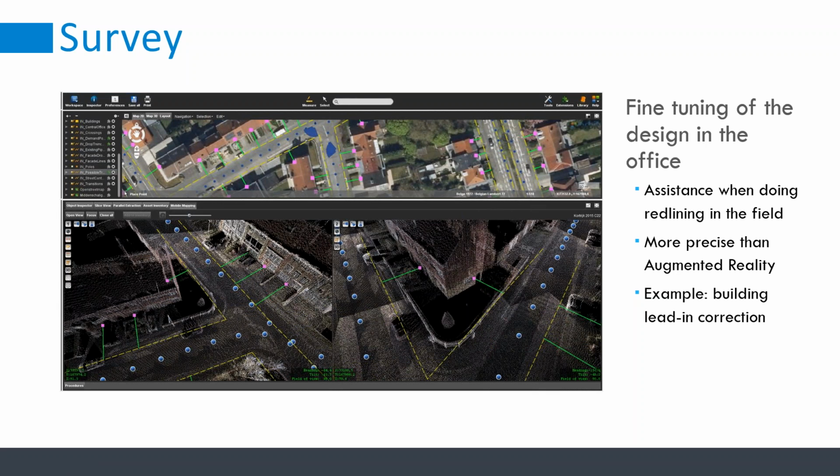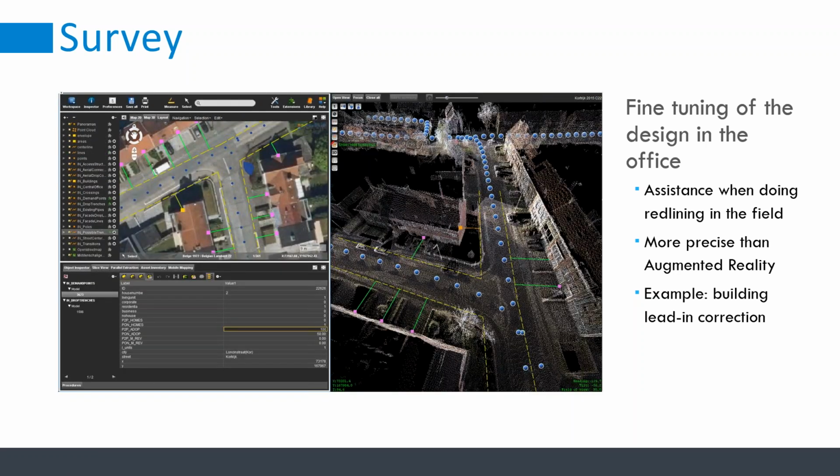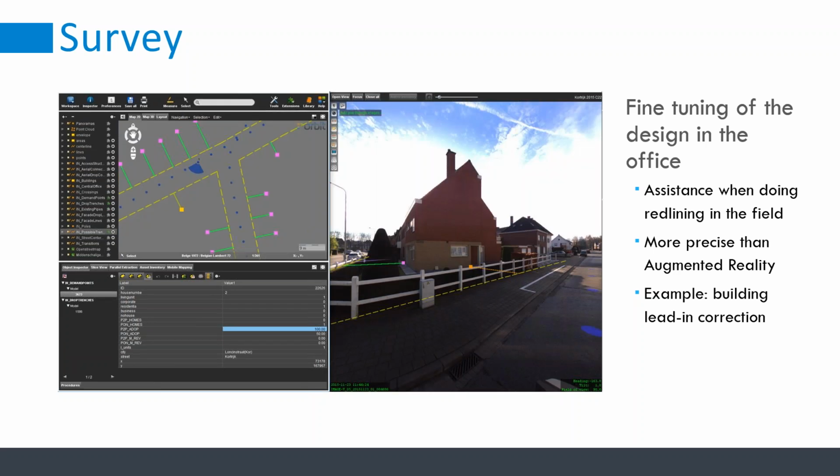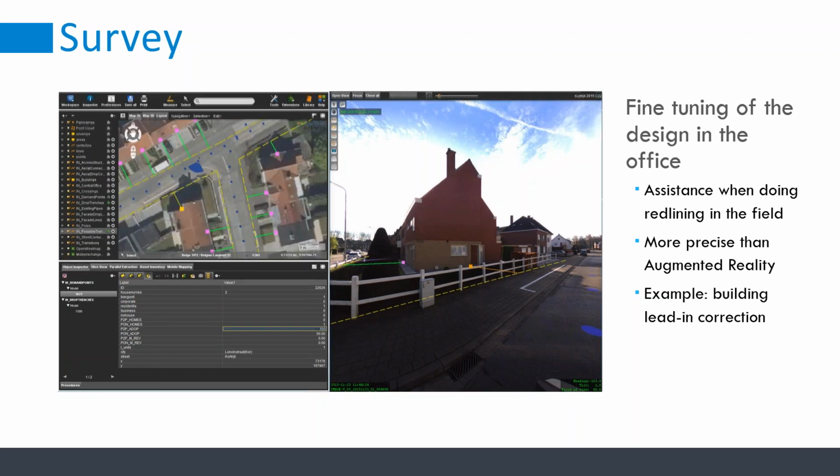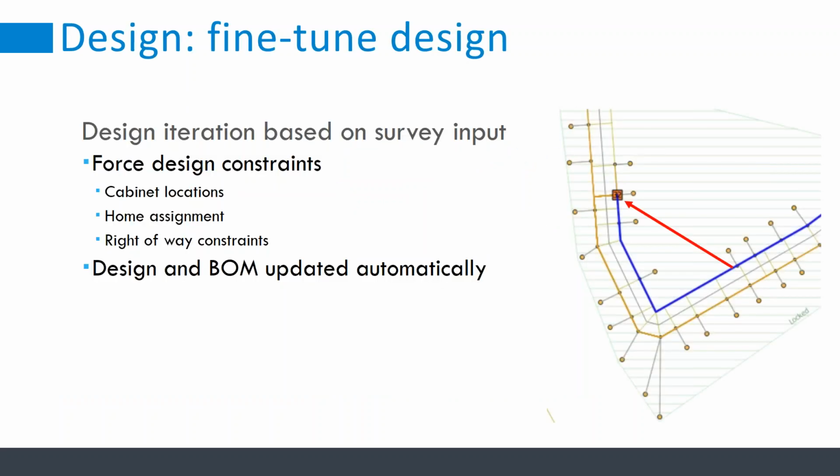So you can just choose, instead of doing that from the front, the one from the side, or the other way around. So you see, you get all your design information, as well as all the information that is stored in your GIS. But you can combine that with a 360 visual view of the house and see where exactly I would put that cable. So you see that here I would advise to do it in the front.